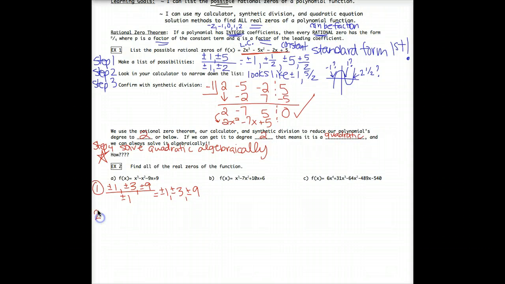So I type in my function, x cubed minus x squared minus 9x plus 9, and graph it in a standard window, because that's my step 2. I'm going to graph it and narrow down my possibility list. Notice you can't see all the mins and maxes here, but that's okay. You don't need to see all of those. All you really need are the x-intercepts.